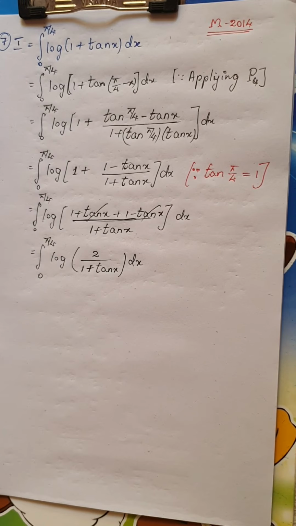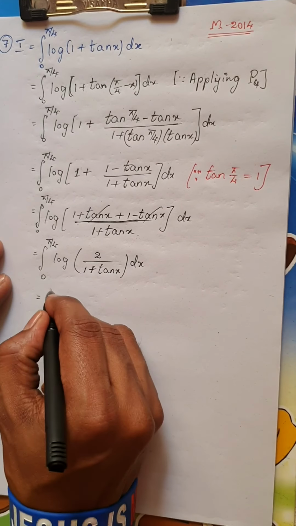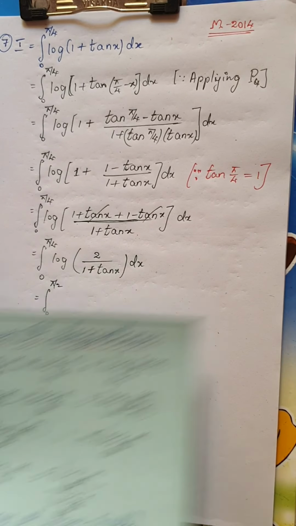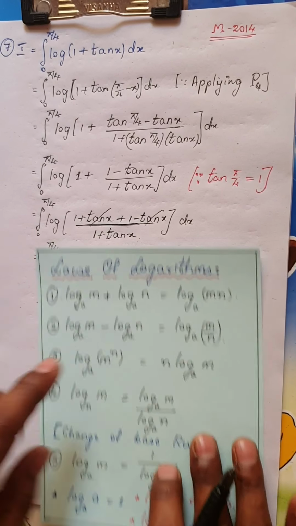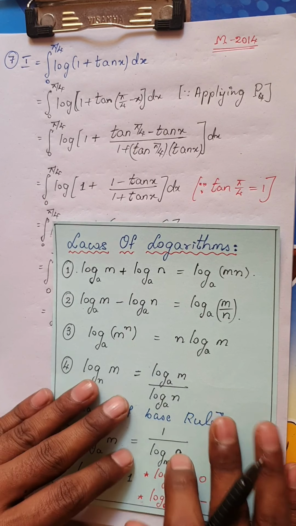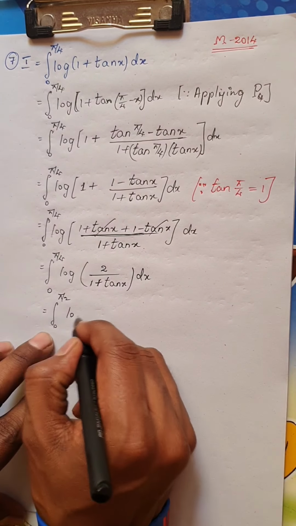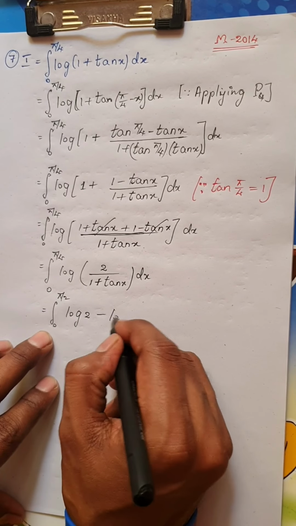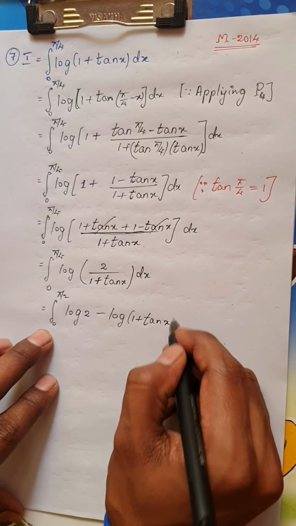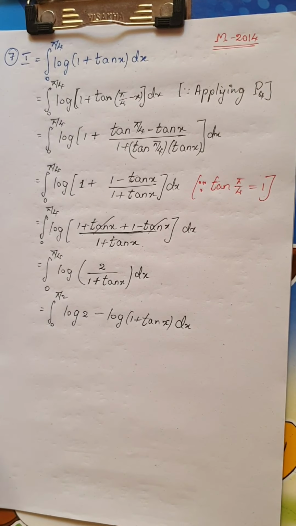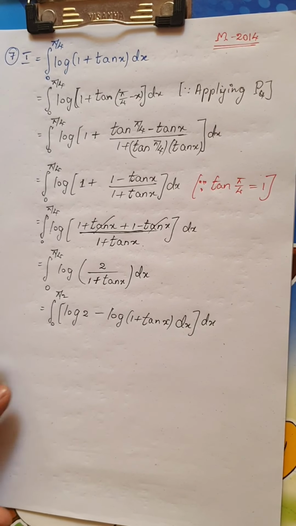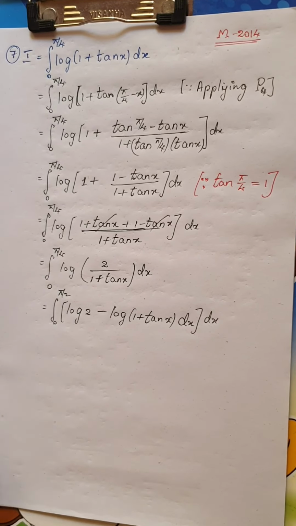Is it clear? These are basic simplifications. This is nothing but integral 0 to pi by 4. Again I am going to use the property of logarithms. Log of m by n can be written as log m minus log n. So this integral will reduce to log 2 minus log of 1 plus tan x dx. Right. Now I am going to split the integral and see what happens.